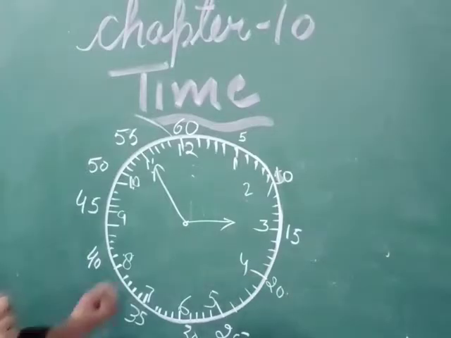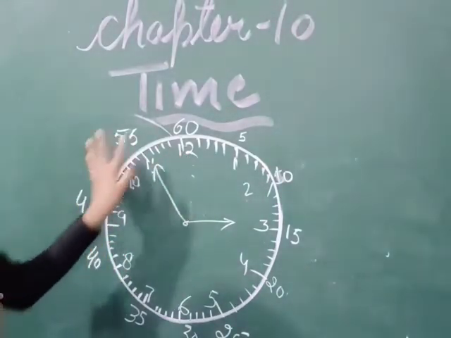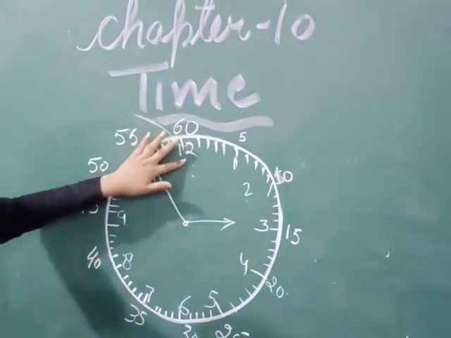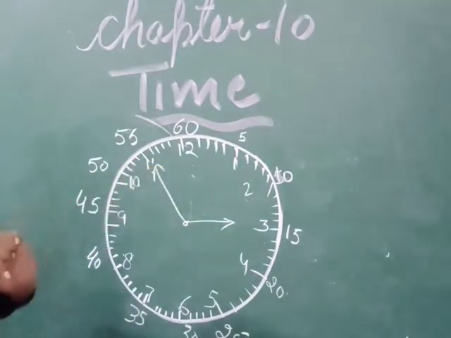How many subdivisions are there? 60. So it means there are 60 minutes round the clock.